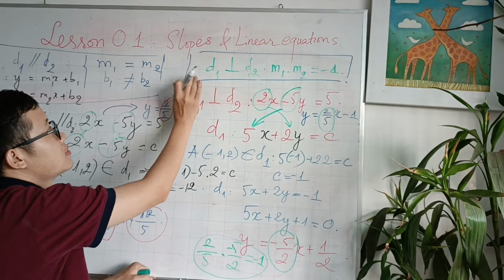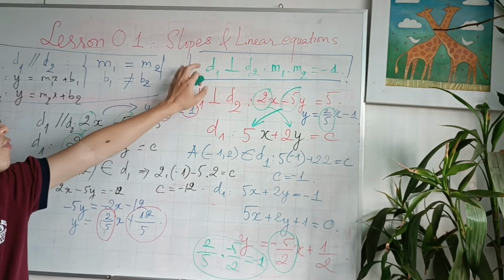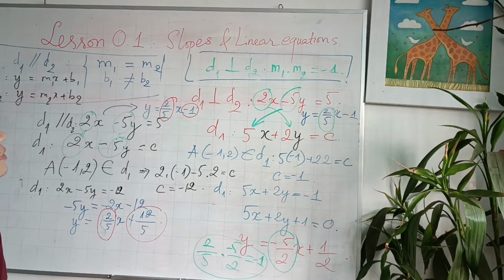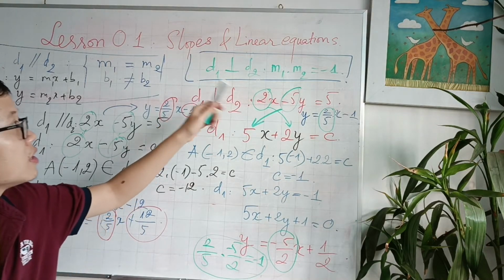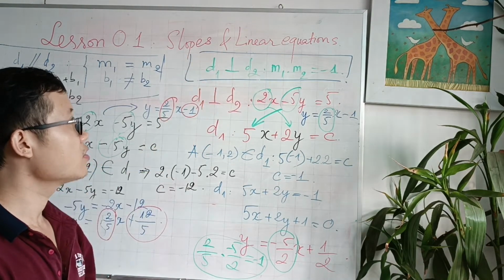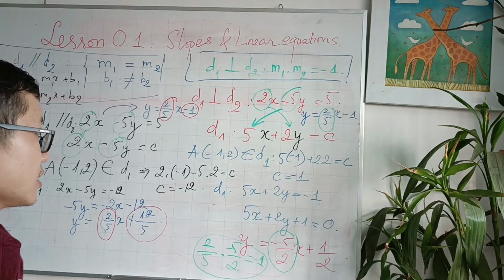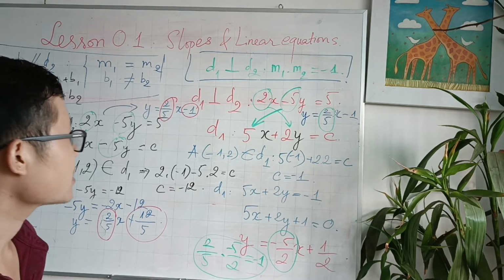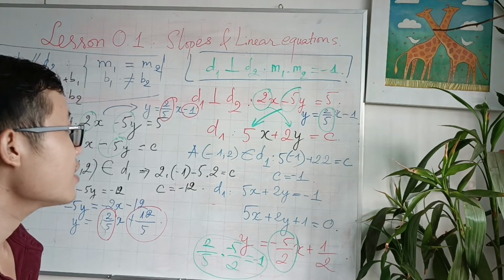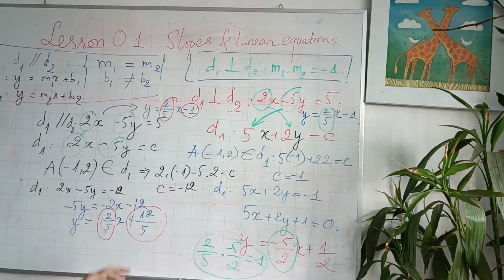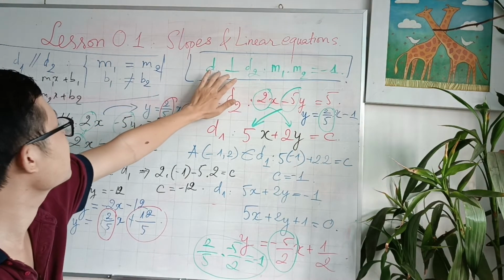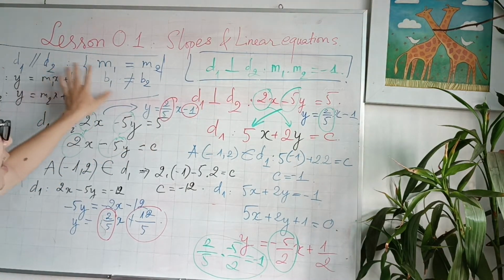So this is the formula for D1 perpendicular to D2. I wrote it before doing the exercises. So two things you must remember are the perpendicular form and the parallel form.